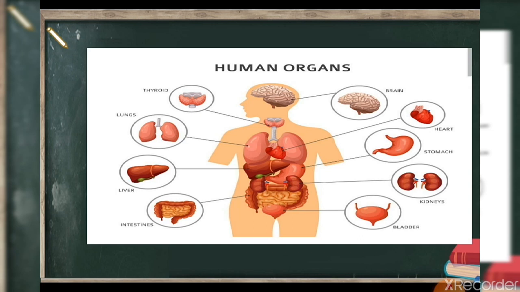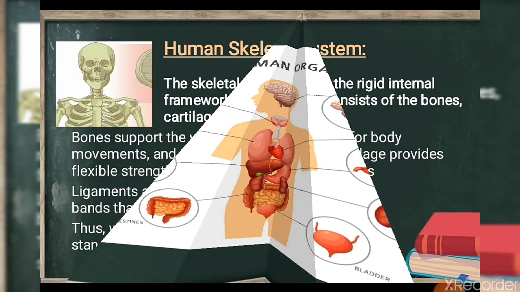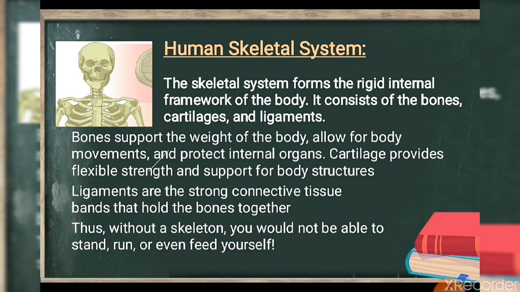The skeletal system forms the rigid internal framework of the body. What is the meaning of that? It means that as a cloth needs a hanger to take a shape, in the same way, our body requires bones to take shape. I will show you how.